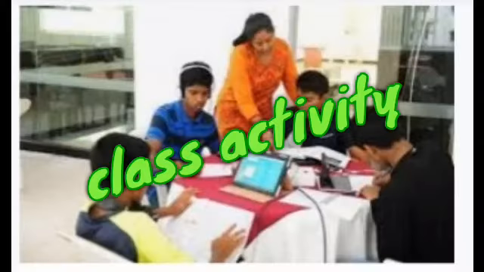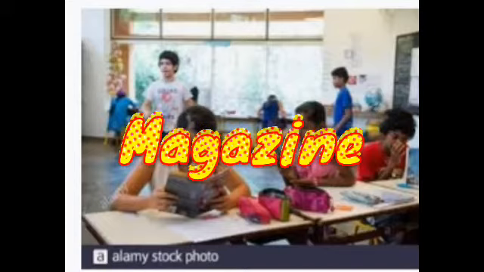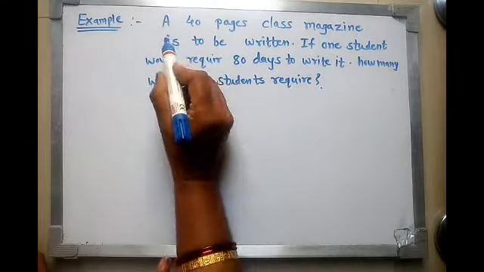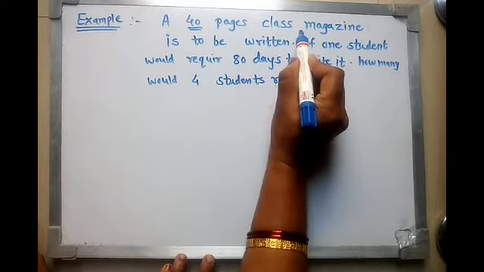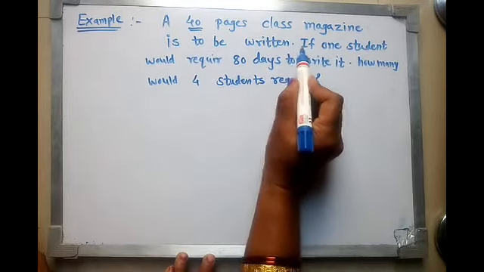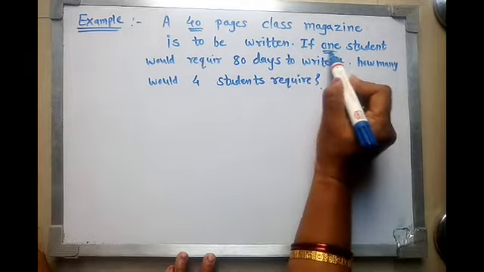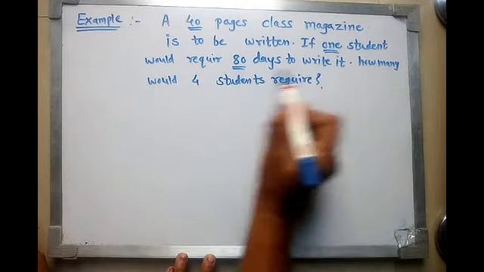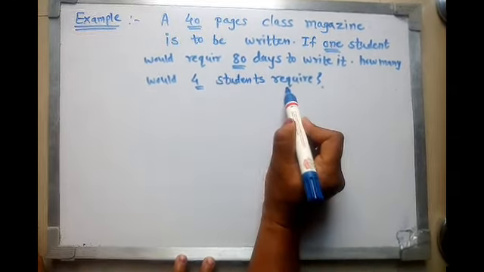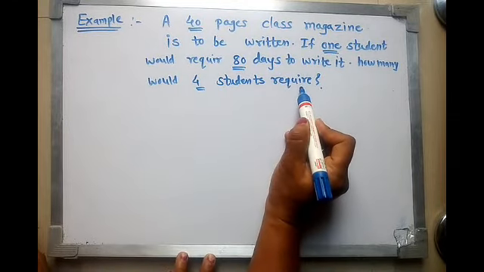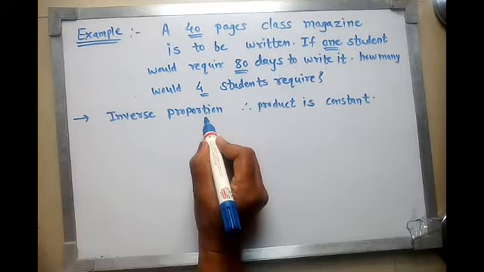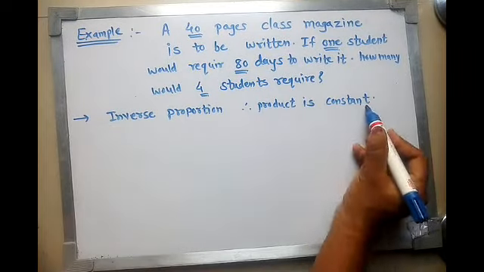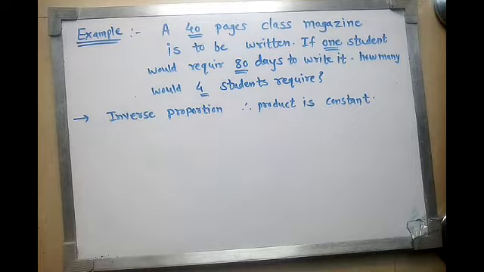Next example is an in-class activity. Students made a magazine. A 40 pages class magazine is to be written. If one student would require 80 days to write it, how many days would 4 students require? Solve this example. Inverse proportion and product is constant.